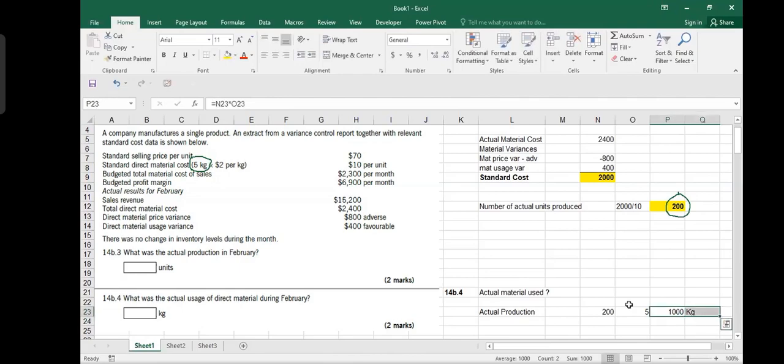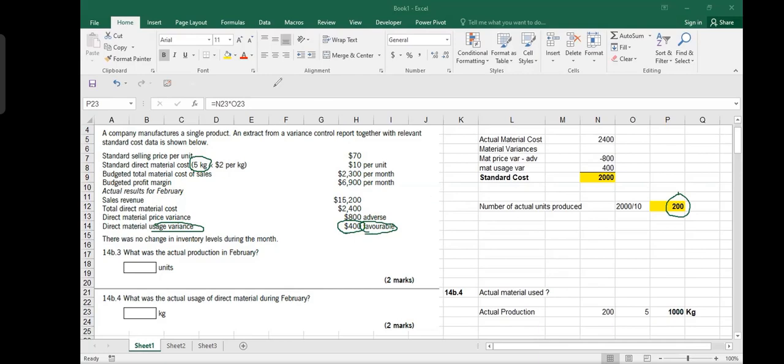Based on 200 units actual production, and each unit taking 5 kilogram, it should be 1000 kilogram. But it is not 1000 kilogram because there is some variance. Your variance is $400 and it is favorable.